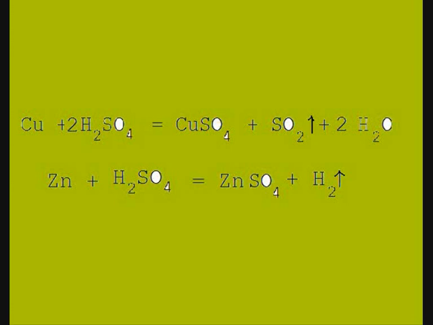We must write down the equations of copper and zinc with sulfuric acid, both equations, because copper in this case reacts. We will have copper plus 2 molecules of sulfuric acid, resulting in copper sulfate plus SO2 plus H2O, 2 molecules of H2O actually.